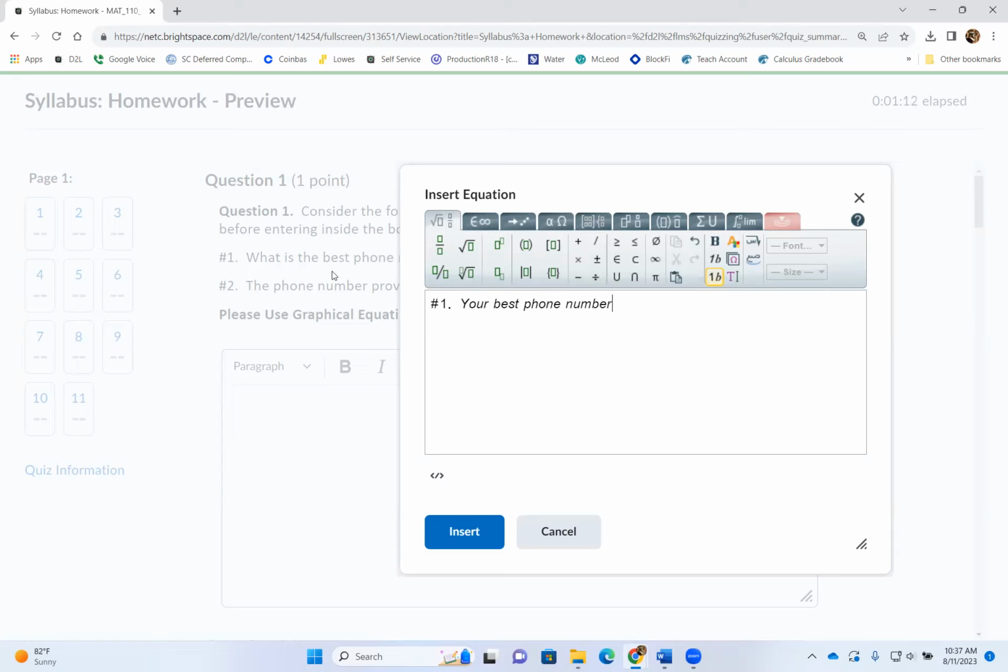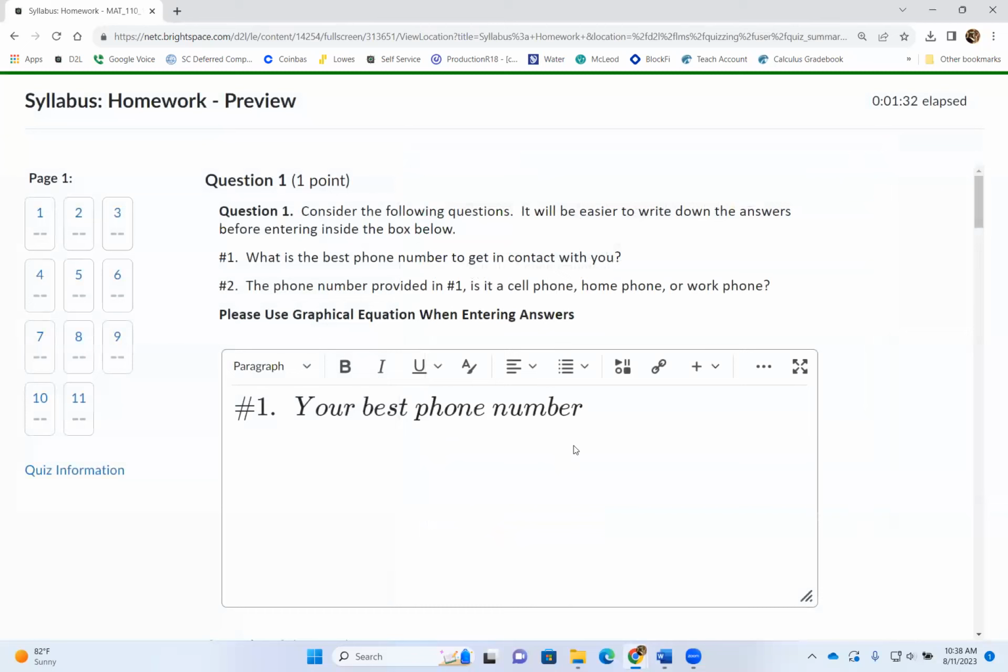Do not type in the answer for one and two together under the same graphical equation, because a lot of times, for some reason, when there's too many lines of answers, students cannot see what they actually entered. Okay, once you click on insert, one answer, one graphical equation. Click on insert, click on the box and press enter.